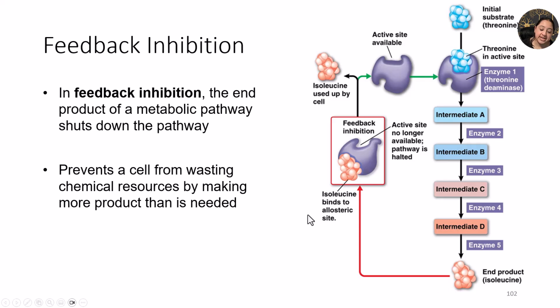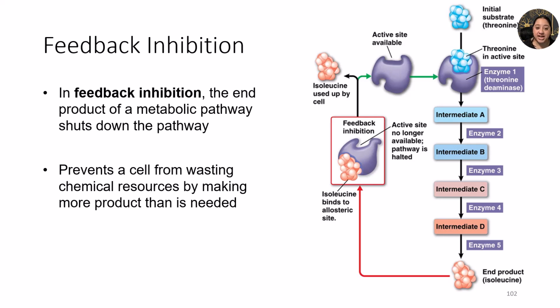That can go back, feedback, and this is the inhibitor for this allosterically regulated enzyme. Now the active site is no longer available for that substrate, threonine, and that stops the whole thing. The earlier you can stop a pathway from wasting energy, the better.